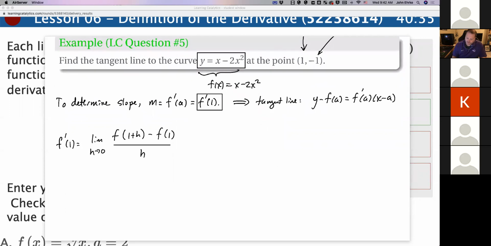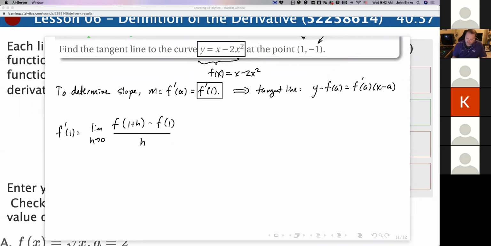Okay, I'm just going to come off to the side like I've done for all the other problems here. So f of x is x minus 2x squared. So the pieces I need are f at 1. So I need this piece here. F at 1 is 1 minus 2 times 1 squared, or -1. So I'm going to end up plugging -1 into this. The other piece I need is here.